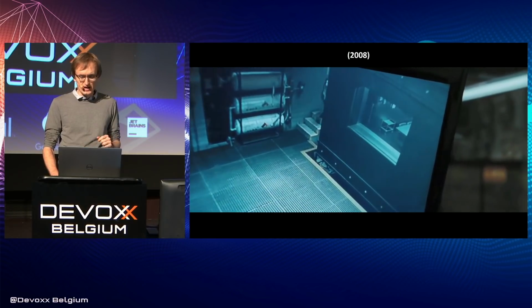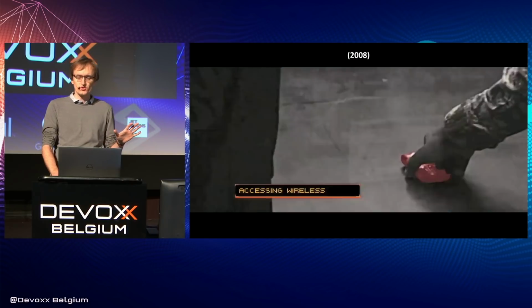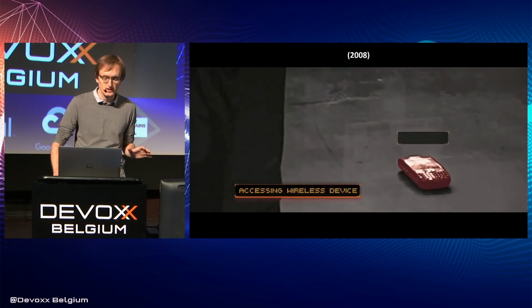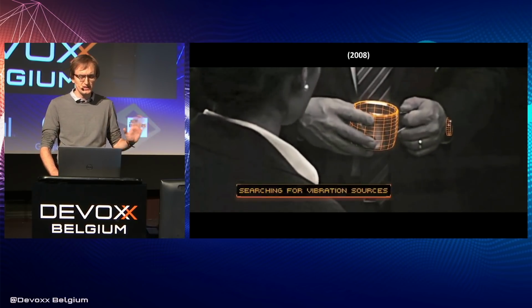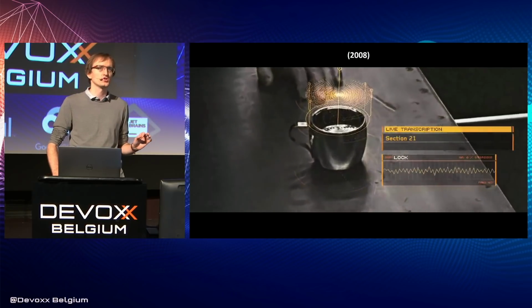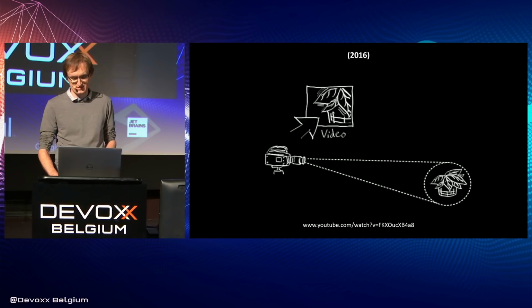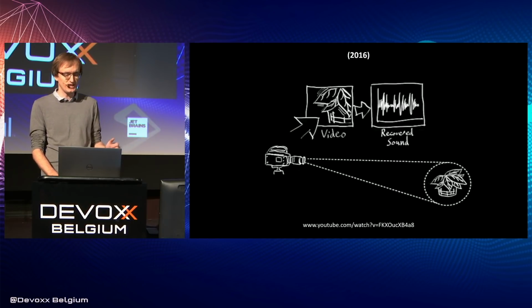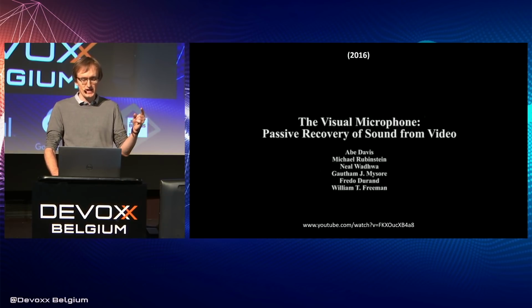The next scene, Eagle Eye, the film from 2008, where a super intelligent computer is trying to take control over the world. People try to hide from it in a soundproof room, switch off everything, hide in the shade, but the machine reads their conversation from the vibrations of water. In 2016, guys from Microsoft, Adobe, and MIT published a technology which does even better than that.